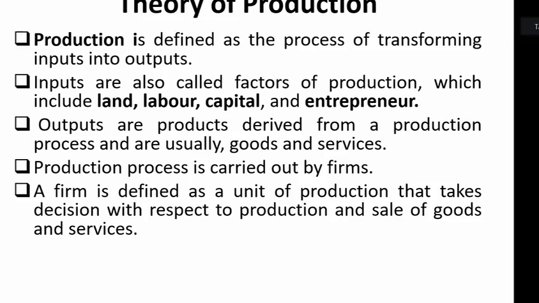You need to understand the meaning of production. You have to know those factors of production. When you talk about production, you have to know those factor inputs, which are land, labor, capital, and entrepreneurs. And when you talk about the final products or outputs, you cannot ignore factors of production. And you have to know that the production process is always undertaken by what? By producers or by a firm. Okay?